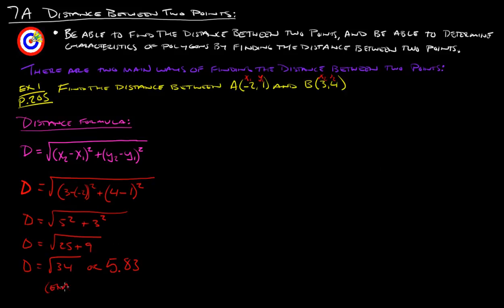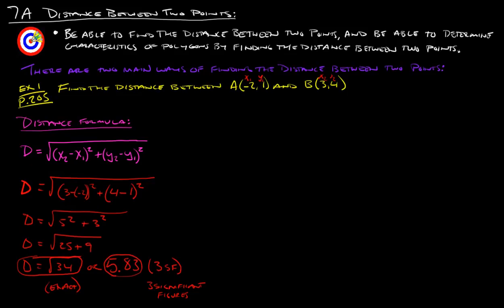If you write 5.83, where you have to round it off, you would write 3SF, which stands for 3 significant figures, implying that you rounded it, which you did. Honestly, your best bet is probably to just leave it as the square root of 34. But if you left it as d equals 5.83 and put the 3 significant figures next to it, that would be fine too.